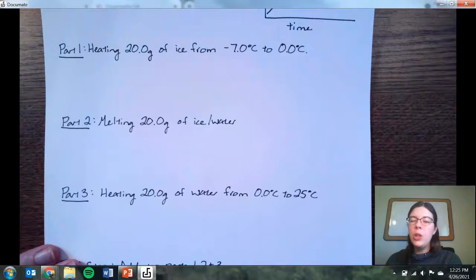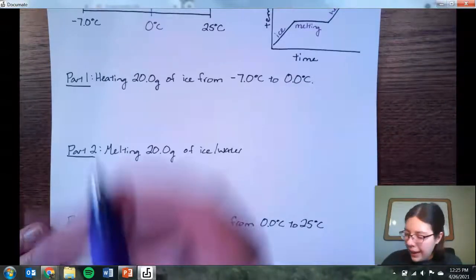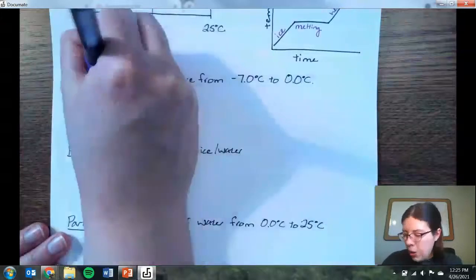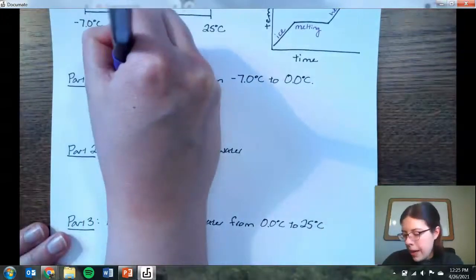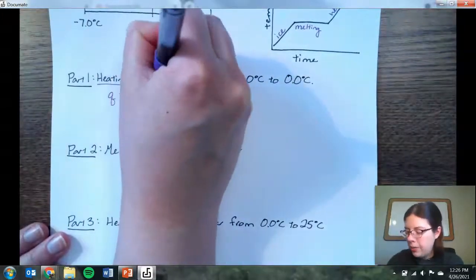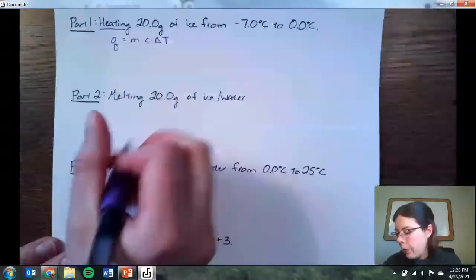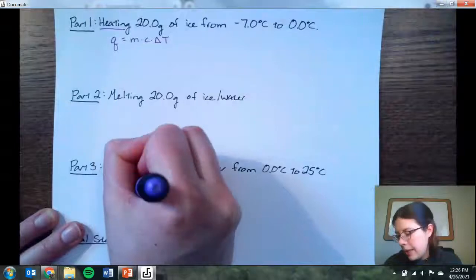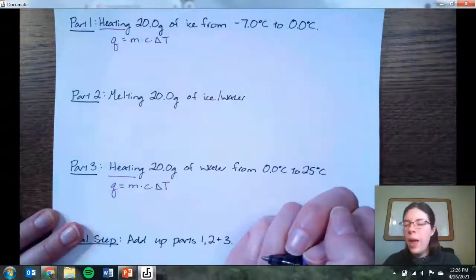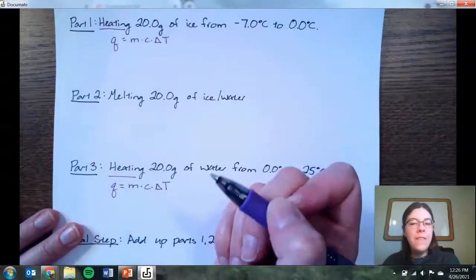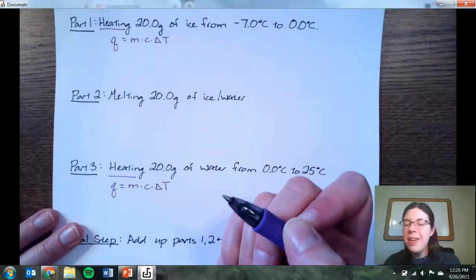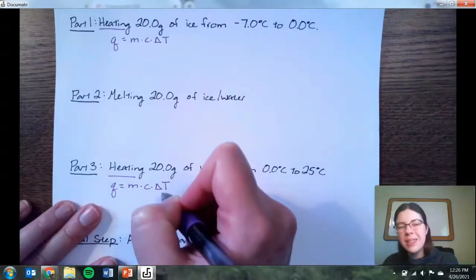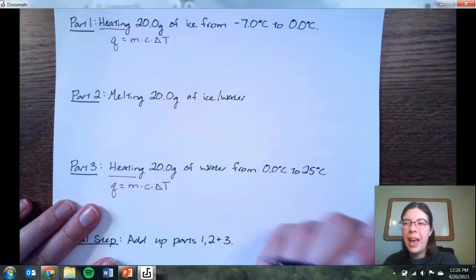So we're actually going to have a few different equations we're going to use. So whenever we have heating, we're going to use the Q is equal to M times C times delta T equation. Okay, so that is part 1 and part 3. Q is equal to M times C times delta T. Now, when I am undergoing a phase change like melting, I cannot use this equation because I don't have a delta T, but I know I'm still putting energy in.